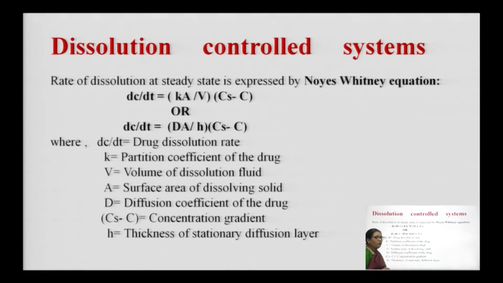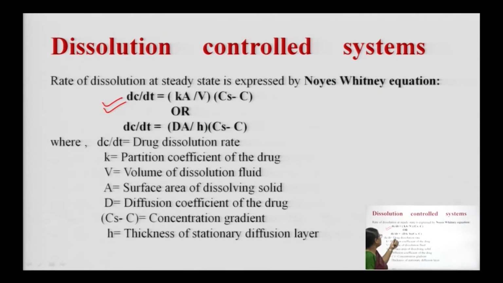The rate of dissolution at steady state is expressed with the help of the Noyes-Whitney equation. You can see this equation here: dC/dt, which gives you the rate of drug dissolution.